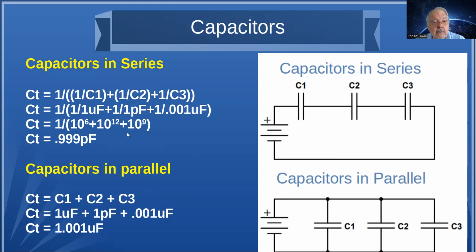So I have a 1 microfarad, a 1 picofarad, and a 0.001 microfarad, which would be the same as 1 nanofarad. I find the reciprocals of those and then take the reciprocal of it. So I come up with slightly less than 1 picofarad, which was the smallest of the values. So it's just slightly less than that.